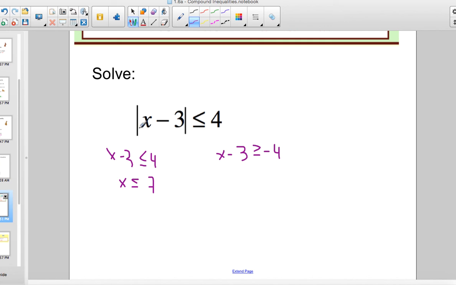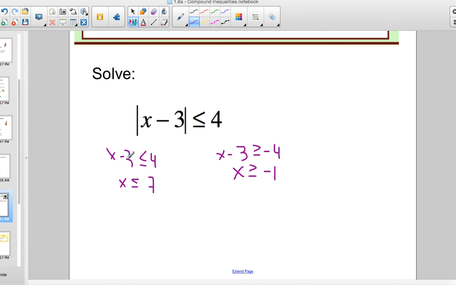Again, for the same reason, once you take the absolute value of it, it's going to be back to positive. So even though it's going to be more negative this way, it's okay. So here we're going to add 3 just like we added 3 in the first step. Again, it's still minus. A lot of kids want to change it to a plus or change inside. Don't. So you're going to get x is greater than or equal to -1.